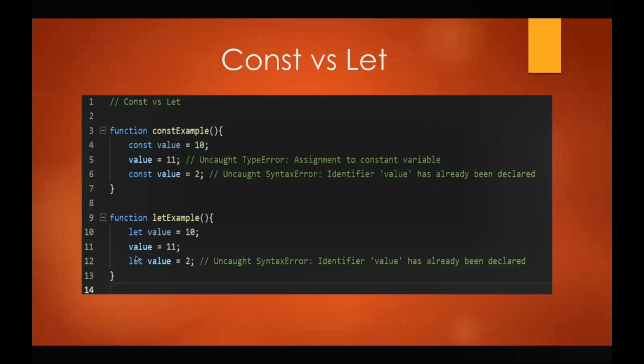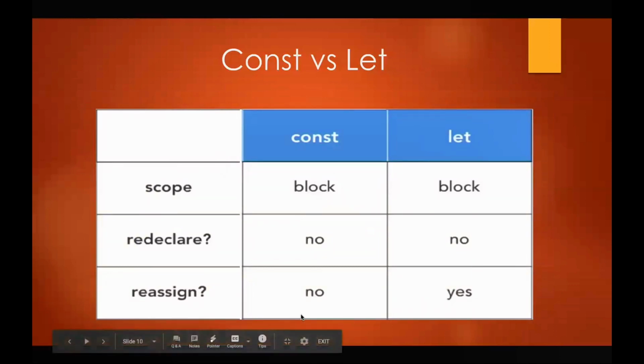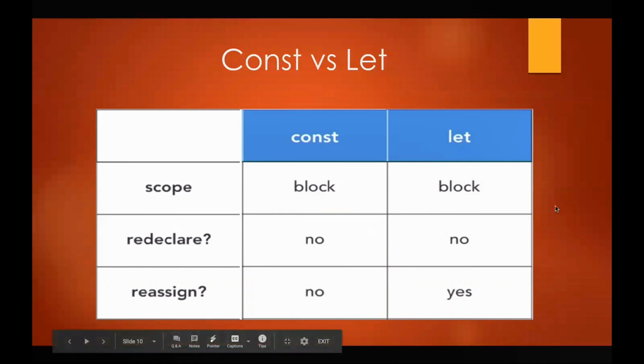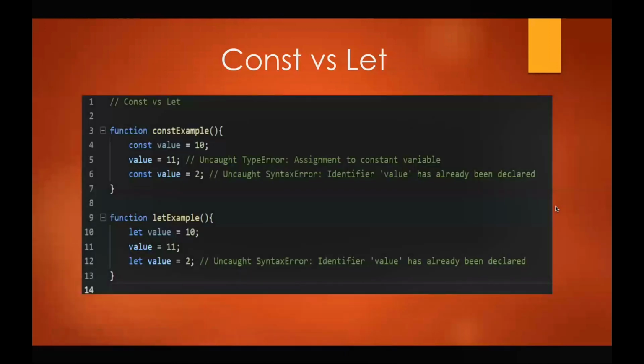But if we try to redeclare it, it will throw us an error saying value has already been declared. So we have to keep in mind that const has a block scope, it can't be redeclared, it can't be reassigned. Whereas let has a block scope, which cannot be redeclared but can be reassigned. So let's see our next example.